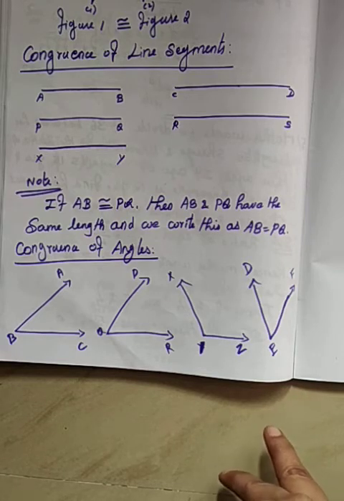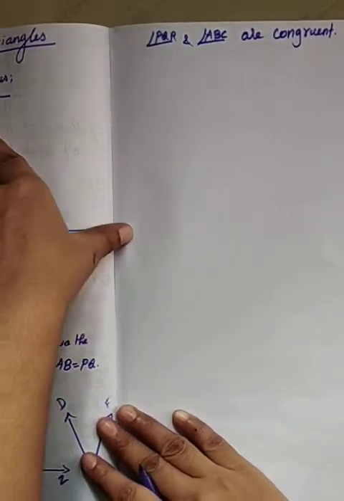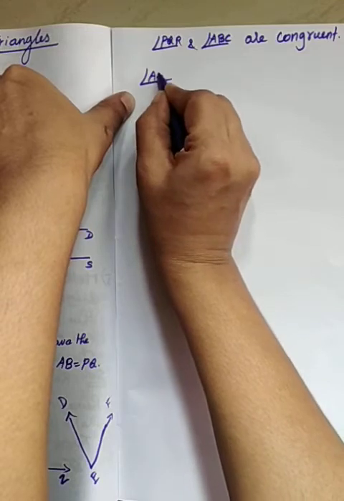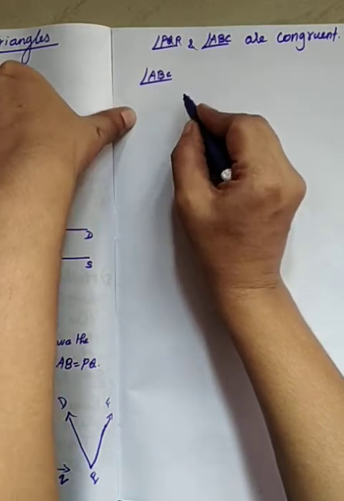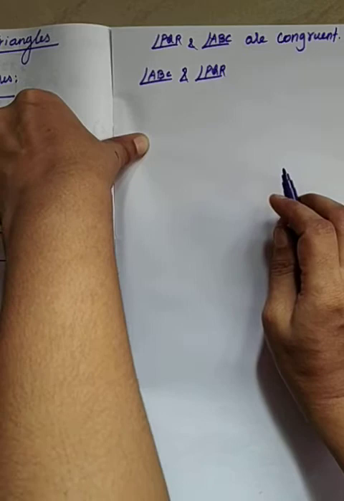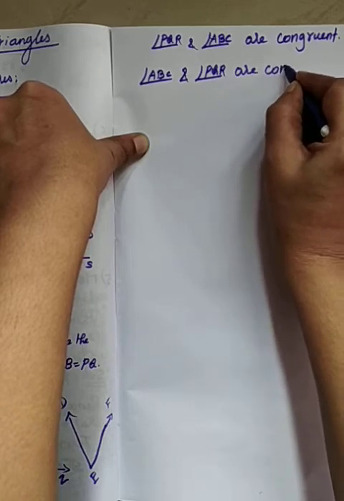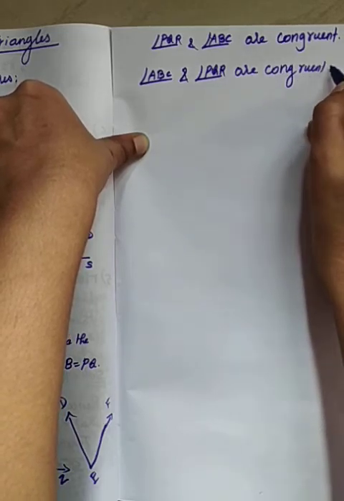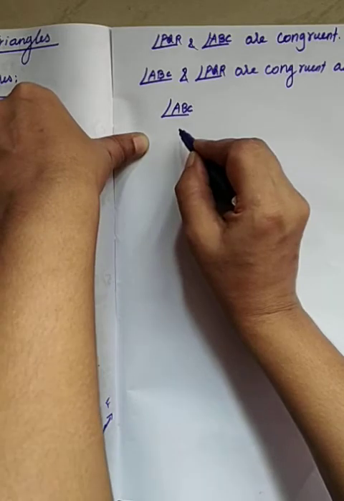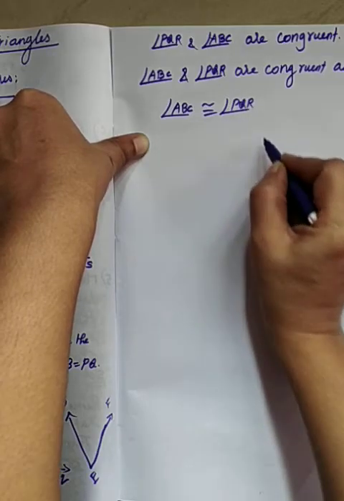So using symbols, how can you write it? Angle ABC and angle PQR are congruent as angle ABC is congruent to angle PQR.